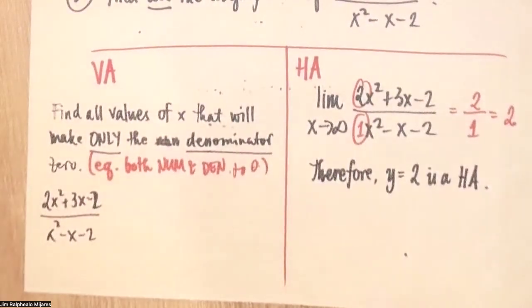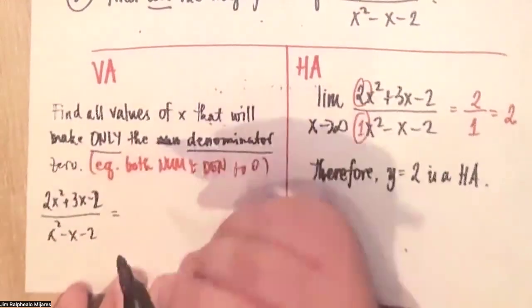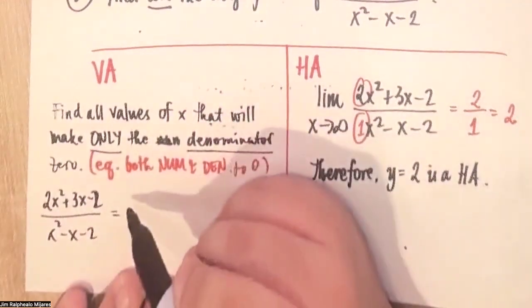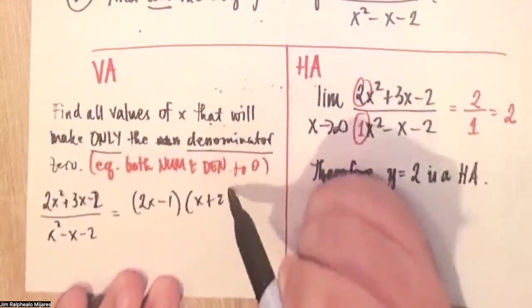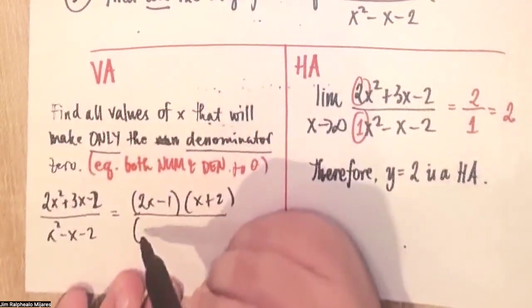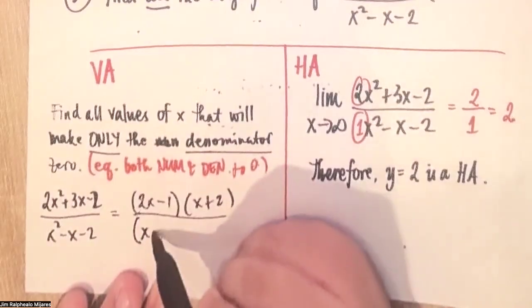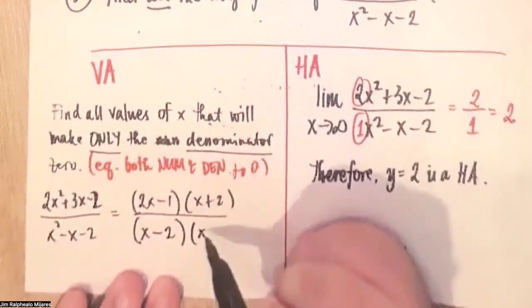At the very end of the day, if we factor this out, this is 2x minus 1, x plus 2. This is x minus 2, x plus 1.